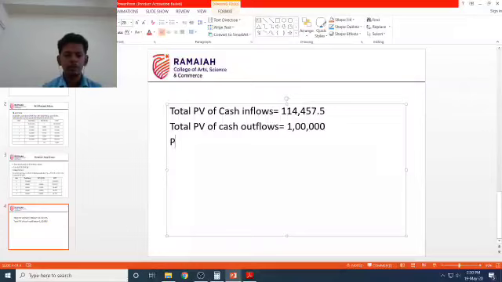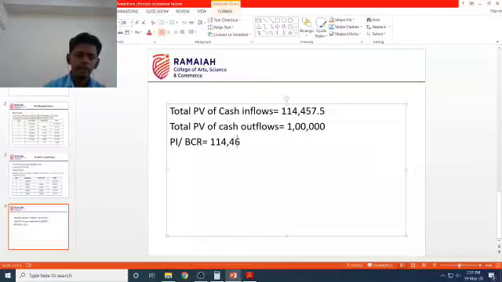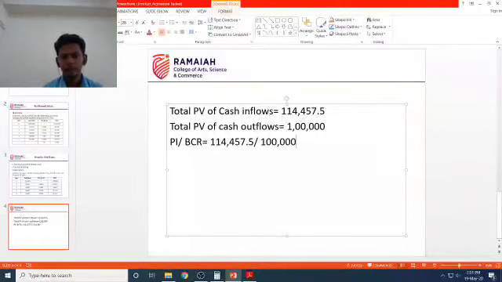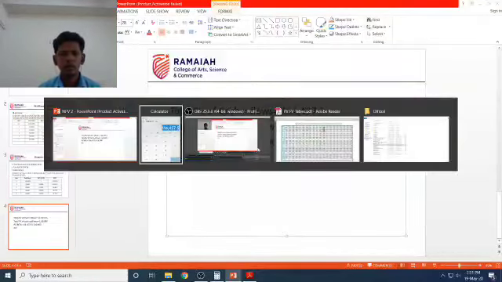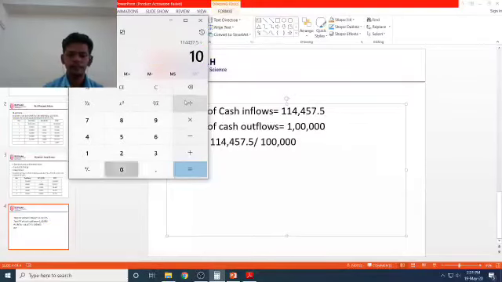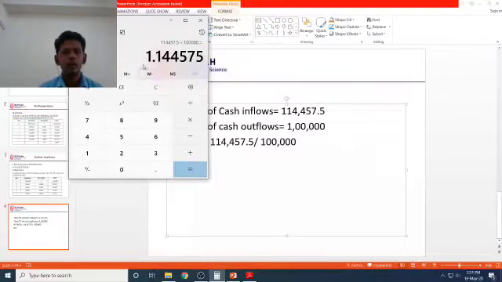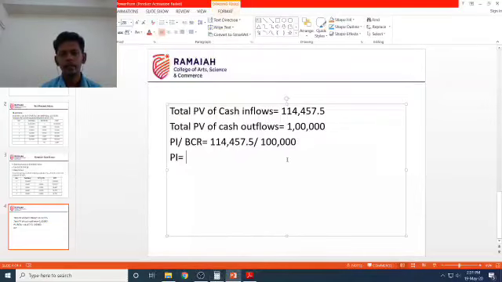Now, profitability index or benefit cost ratio BCR is equal to the total present value of cash inflows, that is 114,457.5, divided by 1 lakh. How much is it? 1.14, right?